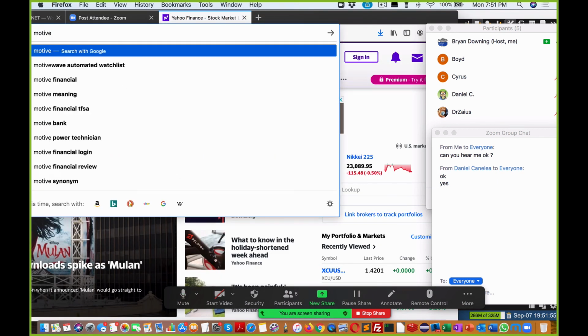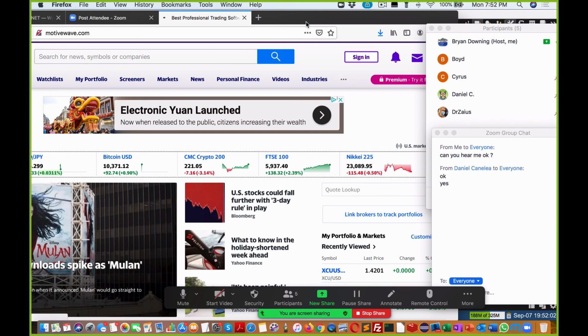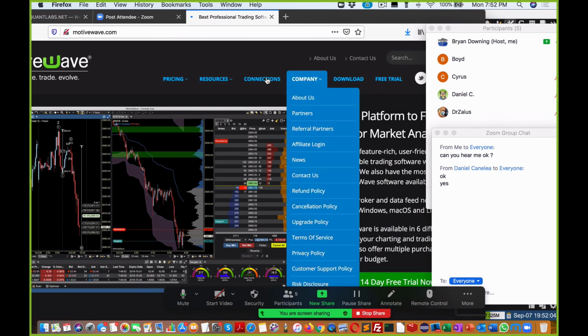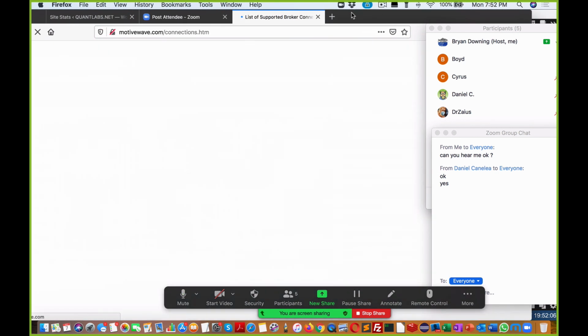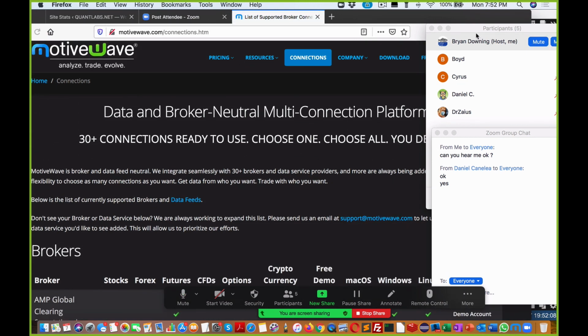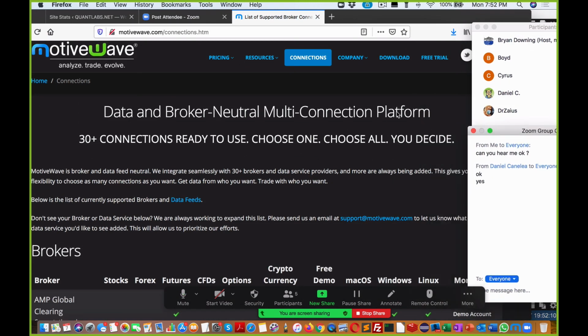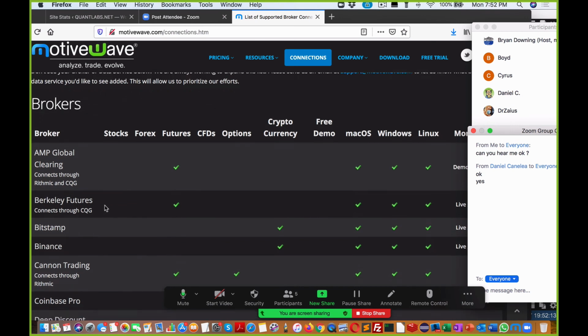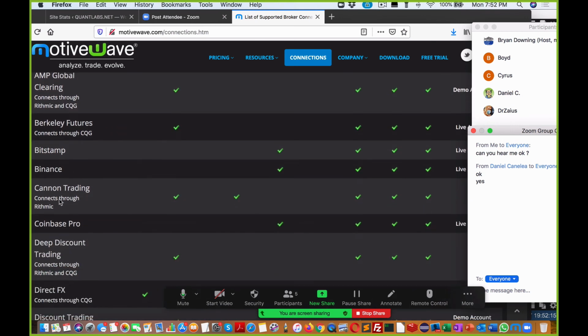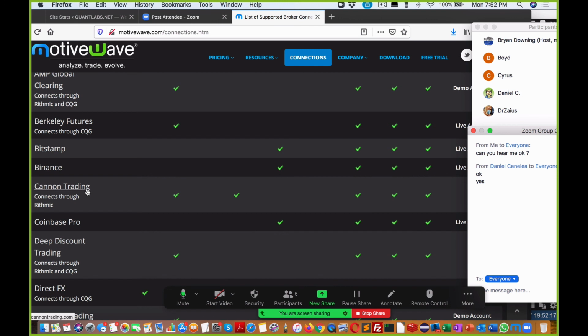I can show you the different brokers that MotoWave supports. Let's see here. Just come under connections. It's at motowave.com, and you can see all the different brokers. There's a lot of crypto support now. I talked about this one for Forex and options.